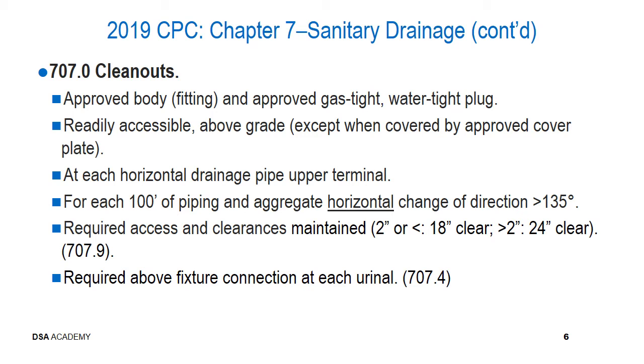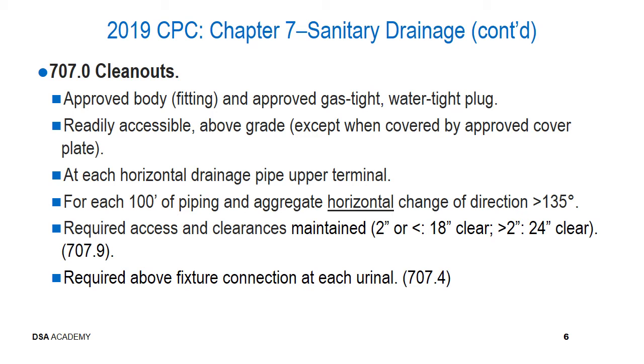They've got to be above ground, except when they're obviously covered by an approved cover plate. And they need to be located at each horizontal drainage pipe upper terminal. They've got to be located for each 100 lineal feet of piping, and an aggregate horizontal change in direction that exceeds 135 degrees.